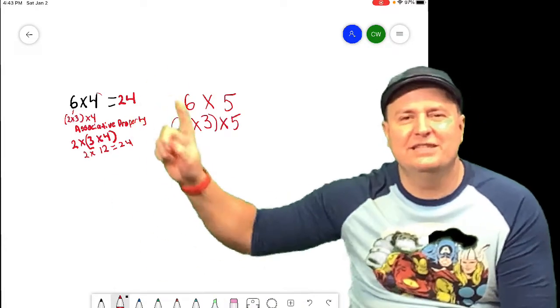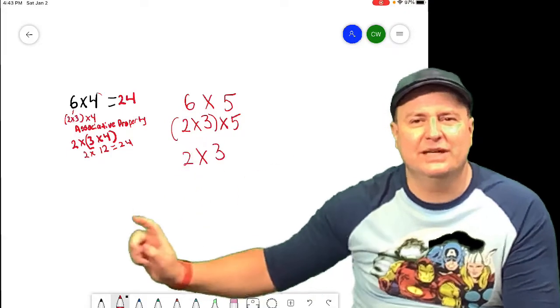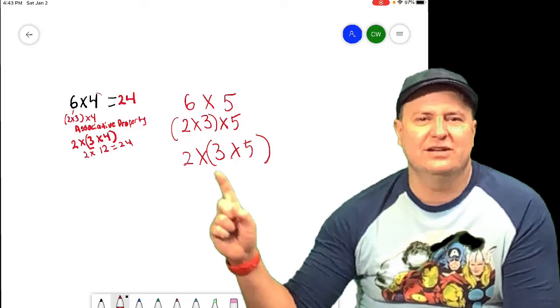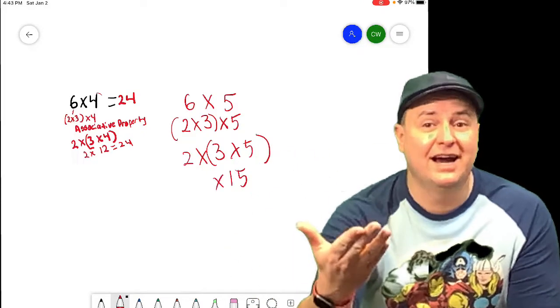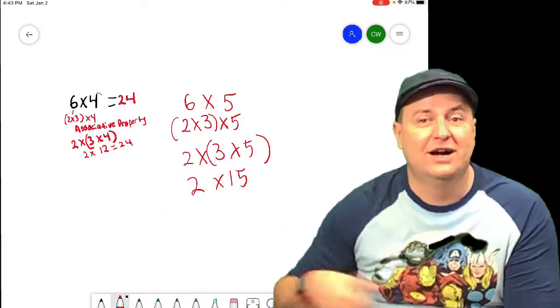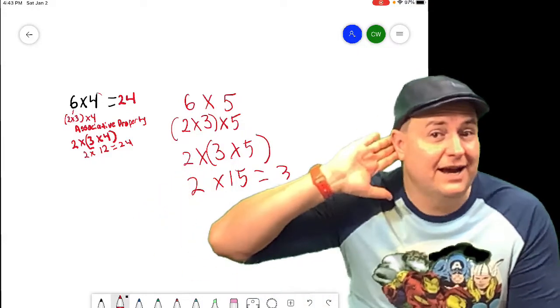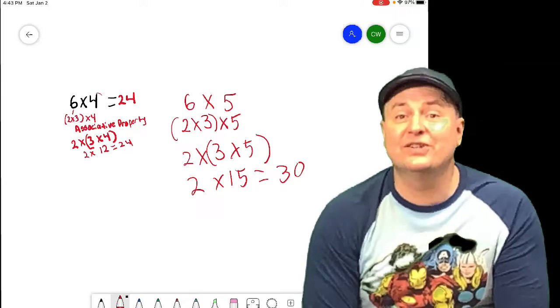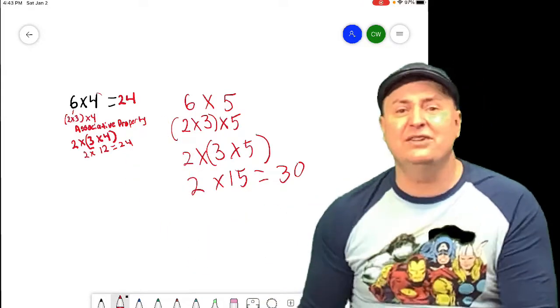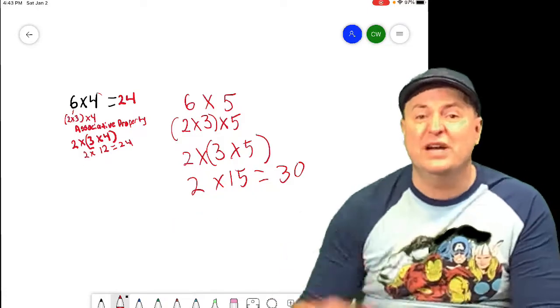But let's break down that 6. That's the same as 2 times 3. So 2 times 3 times 5. Switch that over and do 3 times 5 is 15 times 2. 2 times 15 is, that's right, it is 30. So it works either way. So we can break them down that way. If you're scared of your 6 times tables, that's one way we can break it down.